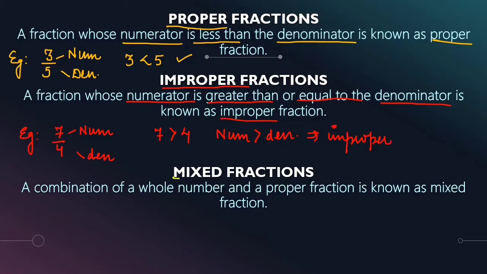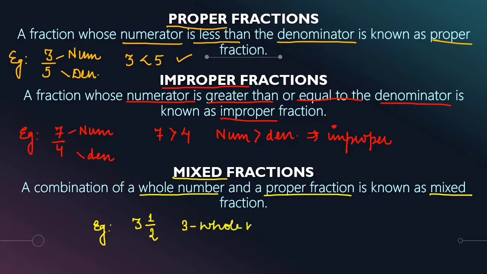The next type of fraction is mixed fraction. A combination of a whole number and a proper fraction is known as a mixed fraction. When we write a fraction as a combination of a whole number and a proper fraction, for example, 3 whole 1 by 2, you can see here 3 is a whole number and 1 by 2 is a proper fraction.